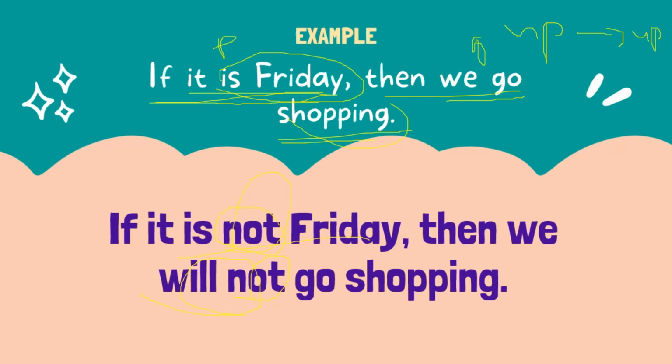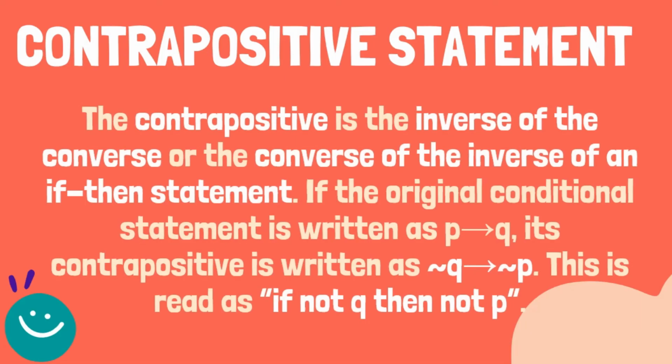How about the contrapositive statement? So we have the contrapositive of an if-then statement. Okay, so the contrapositive is the inverse of the converse, or the converse of the inverse of an if-then statement. Sir, medyo magulo yun. Ano?